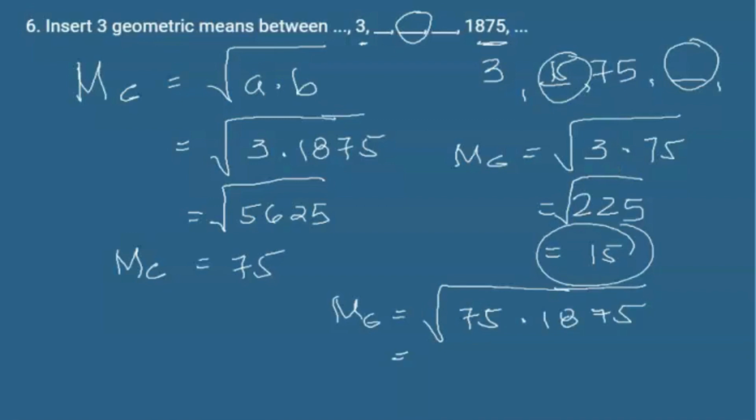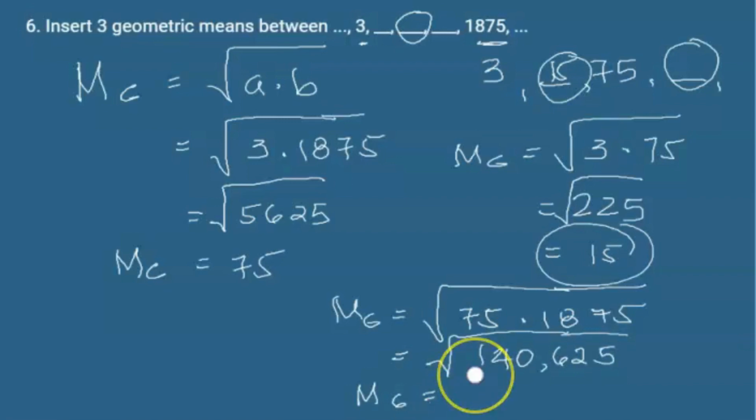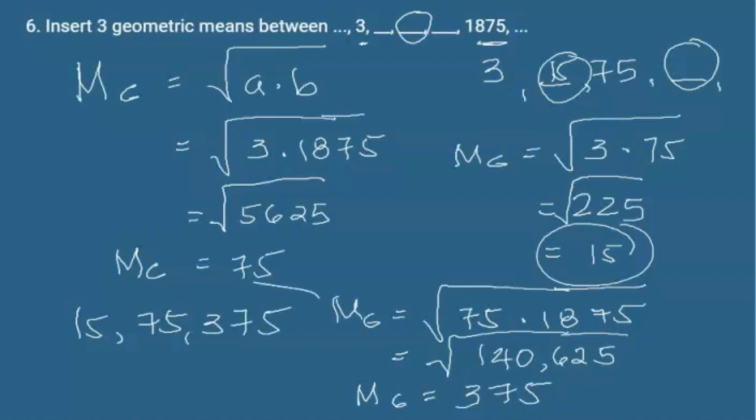Let's use a calculator. It's the square root of 140,625, and the square root of that is 375. Therefore, the 3 geometric means between 3 and 1875 are 15, 75, and 375.